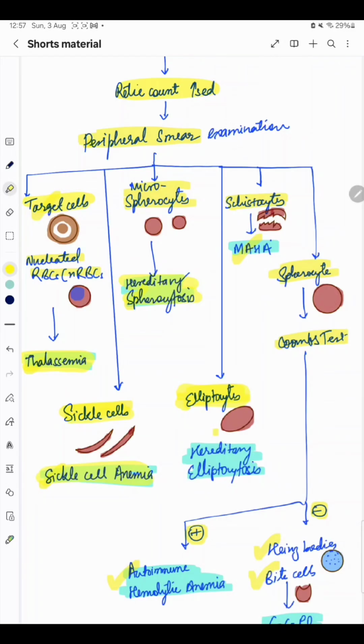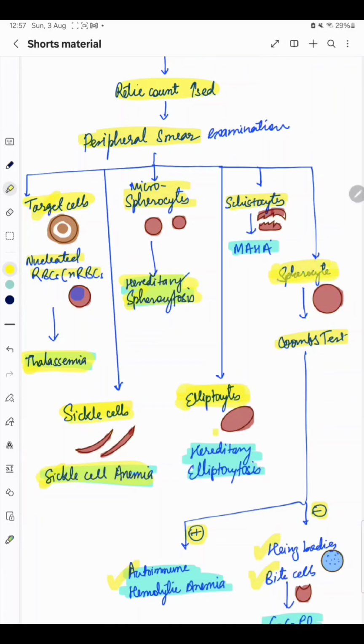If the peripheral smear shows schistocytes or broken RBCs, this might be associated with microangiopathic hemolytic anemia. Microangiopathic hemolytic anemia is seen in TTP, hemolytic uremic syndrome, and prosthetic cardiac valves.